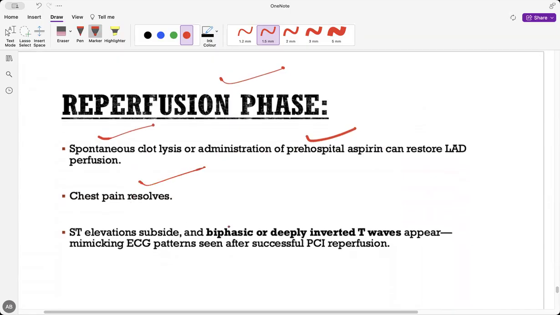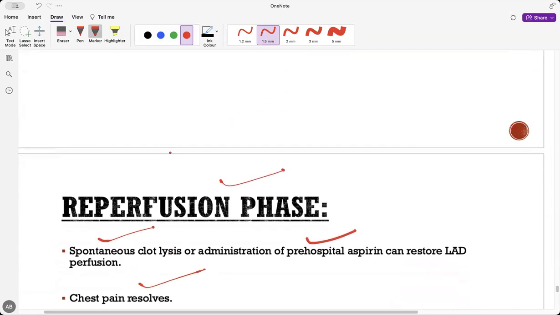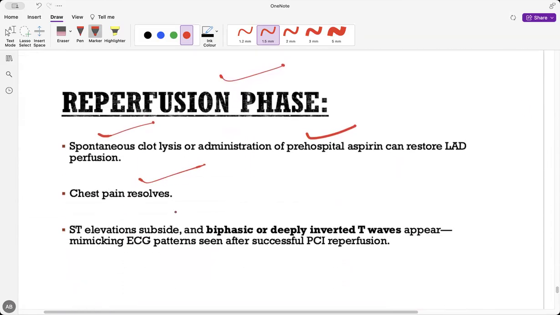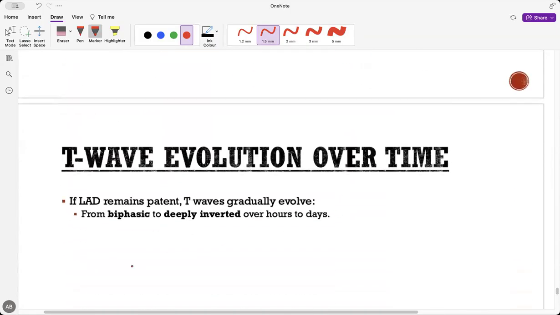ST elevation must have been there when there was complete occlusion. Now the ST elevation has subsided because there is no pain and the thrombus has resolved, and there will be biphasic or deeply inverted T waves. Then T wave evolution over time: if the LAD remains patent, the T wave gradually evolves from biphasic to deeply inverted.